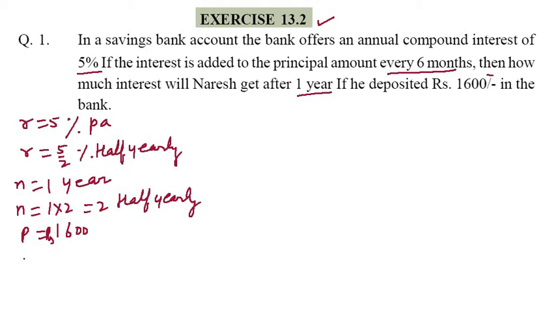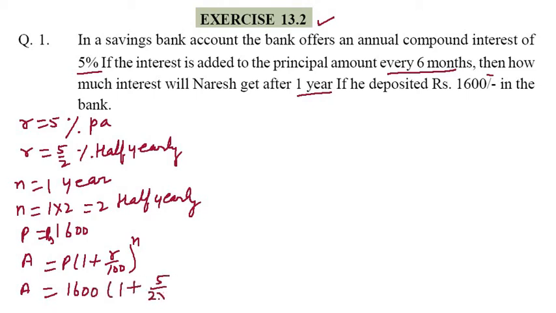Now come to the formula. So formula is A is equal to P into 1 plus R upon 100 to the power n. So A will be equal to P, which is given as 1600, and 1 plus R, which is given as 5 upon 2, and here is 100, and whole power is 2. So 5 1 is 5 and 5 2 is 10.